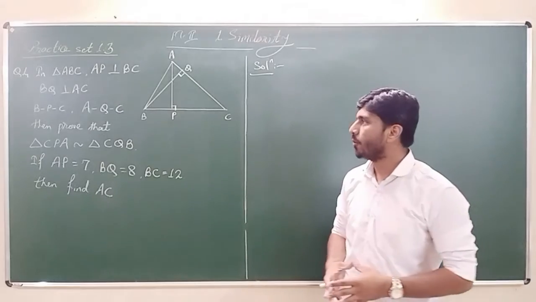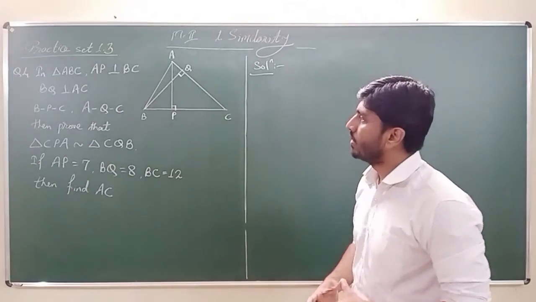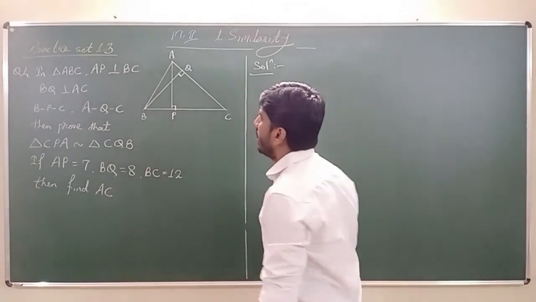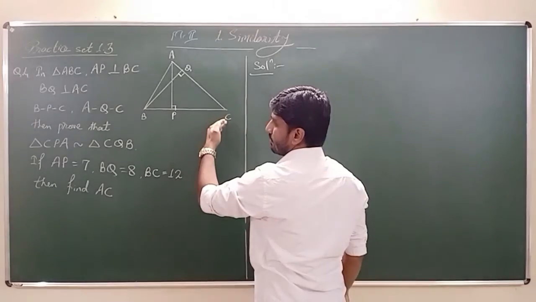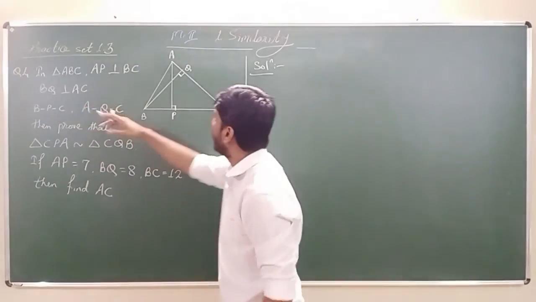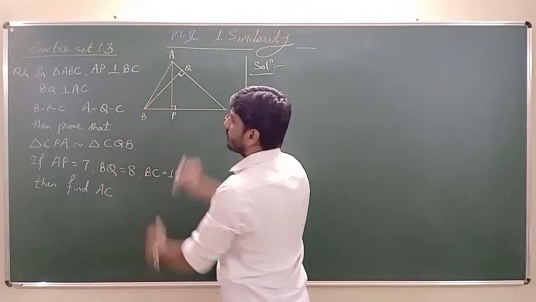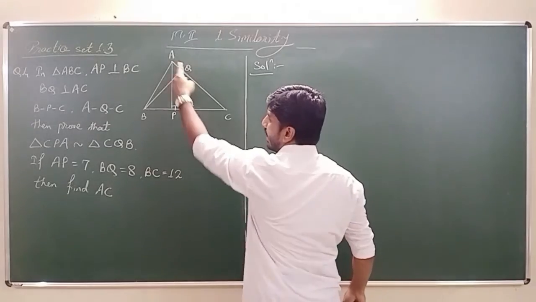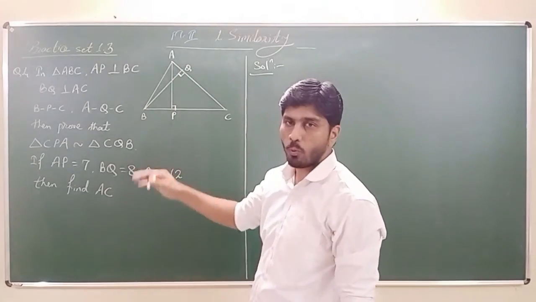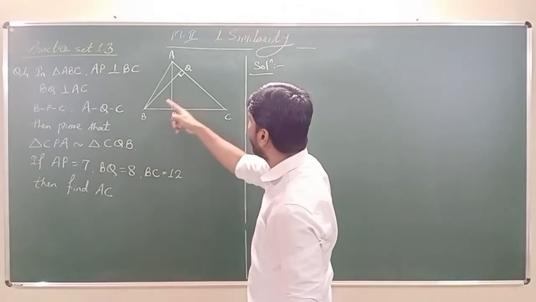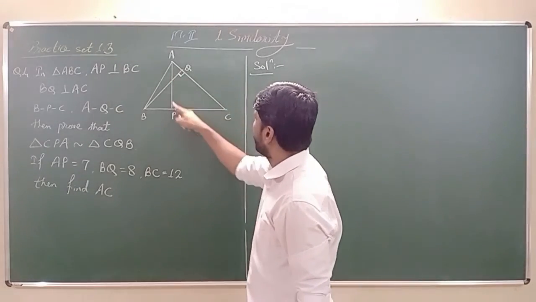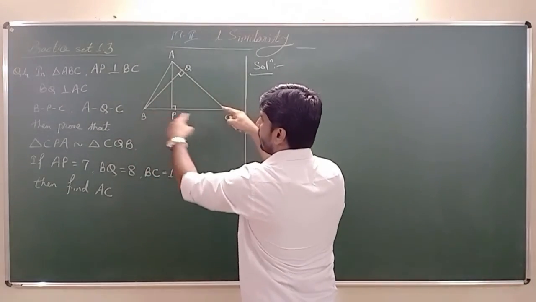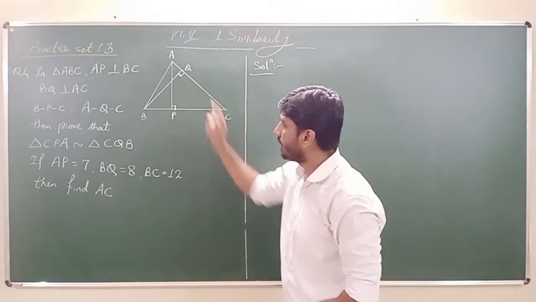I will start with question number 4. So here is our question. In triangle ABC, AP is perpendicular to BC. The next thing given is that BQ is perpendicular to AC, on segment BPC, and we have one more segment AQC. Now we have to prove that triangle CPA, which is a right angle triangle, is similar to triangle CQB, which is also a right angle triangle.